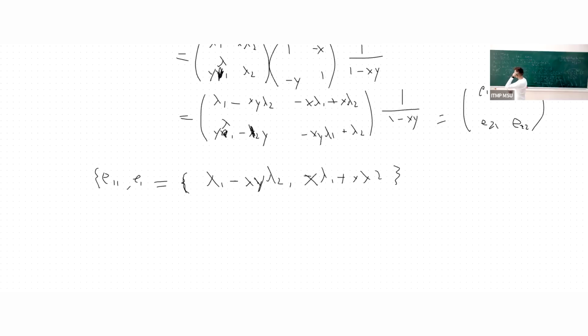And what is this Poisson bracket initially on GL2? It is E12. Yes, because this is K and J, then this should be E12.